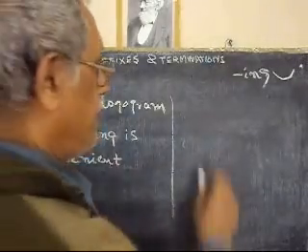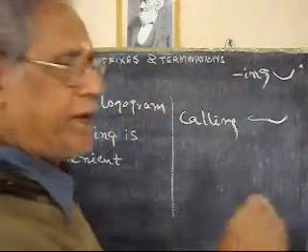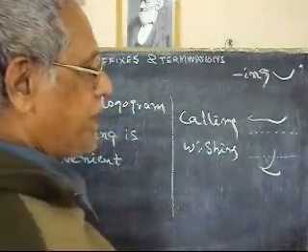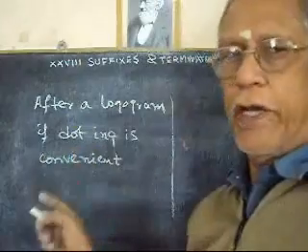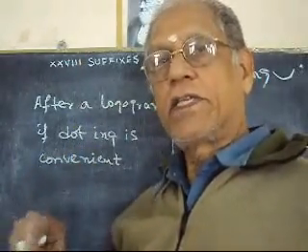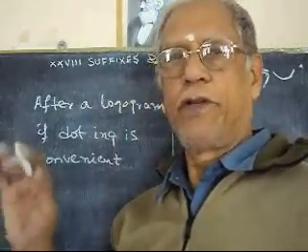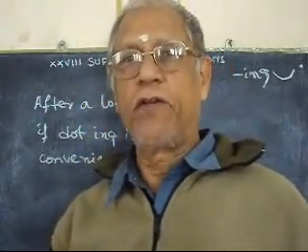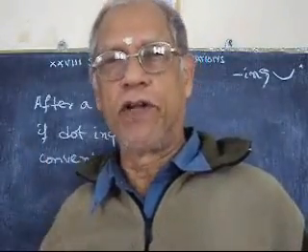Suppose calling: stroking can be written. Wishing: stroking can be used. So after a logogram, if dotting is convenient, use it, but if stroking is easy, then use the stroking. A question comes: when to use the stroke and when the dot? By experience, you will know it.